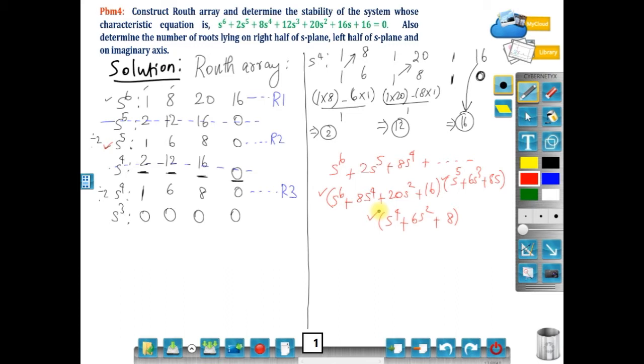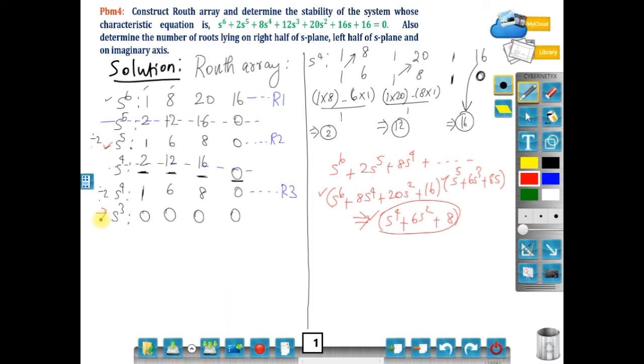The previous auxiliary equation, the s power 4 equation, is s power 4 plus 6 s square plus 8. We are going to follow one trick.